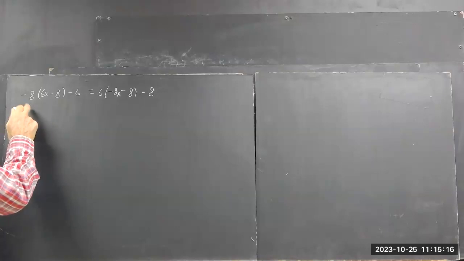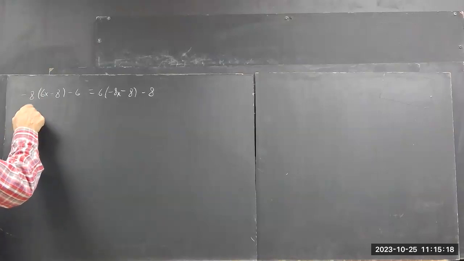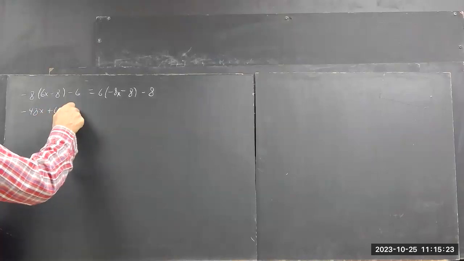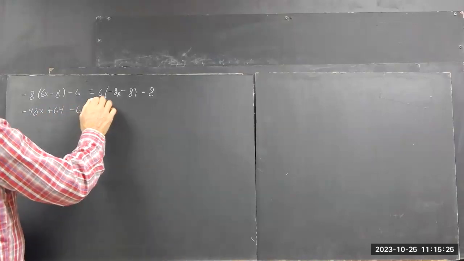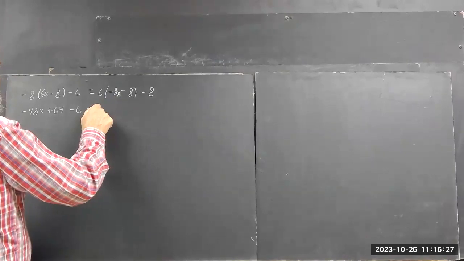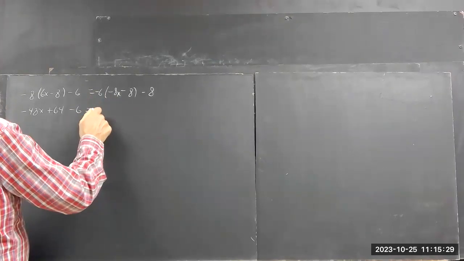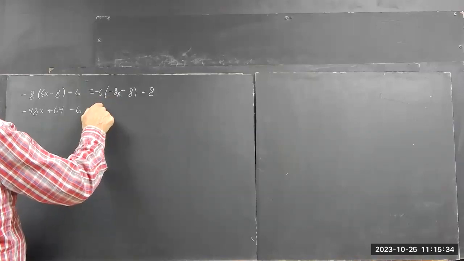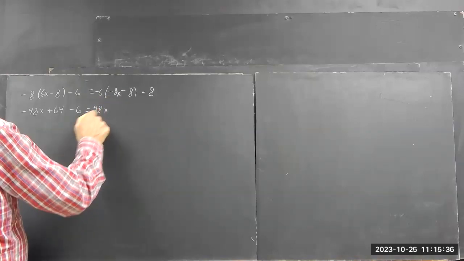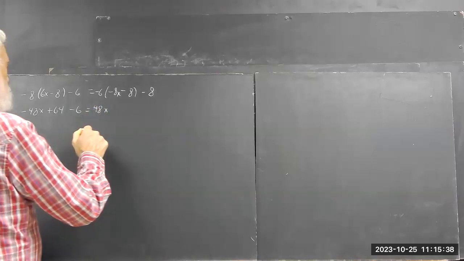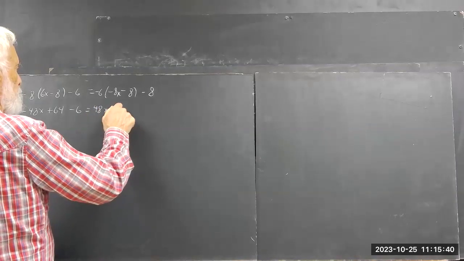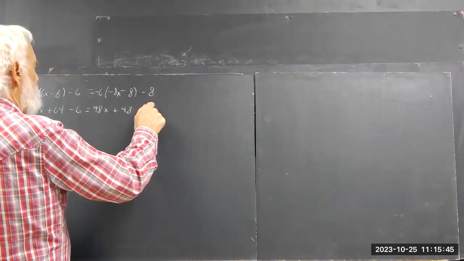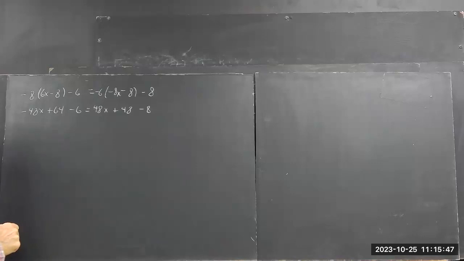We multiply things out. We use the distributive law here. We get -48x plus 64 minus 6. Except let's make that -6 times -8. -6 times -8 is 48. So we have here 48x plus 48 minus 8.